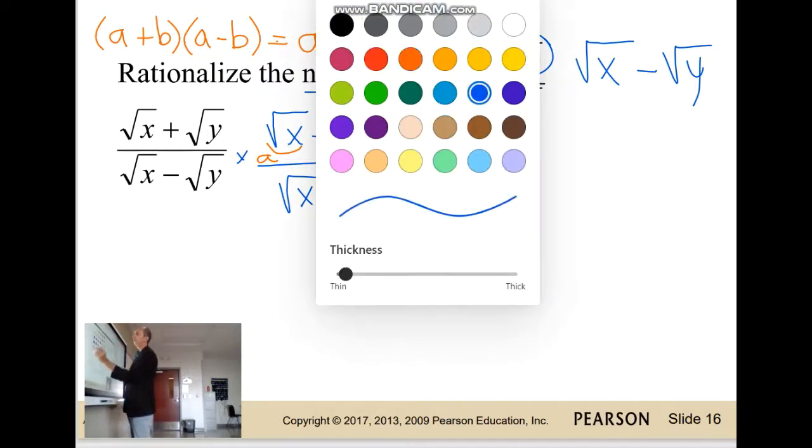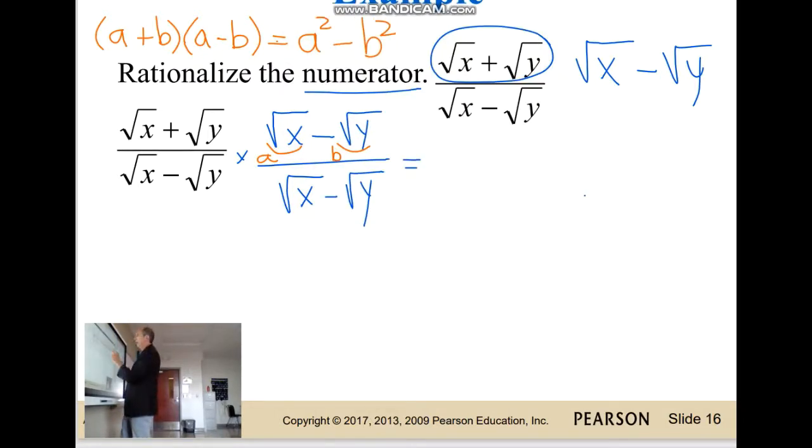So let's write down here. Square root of x squared is x minus the square of square root of y, right? So x minus y squared, y, over.